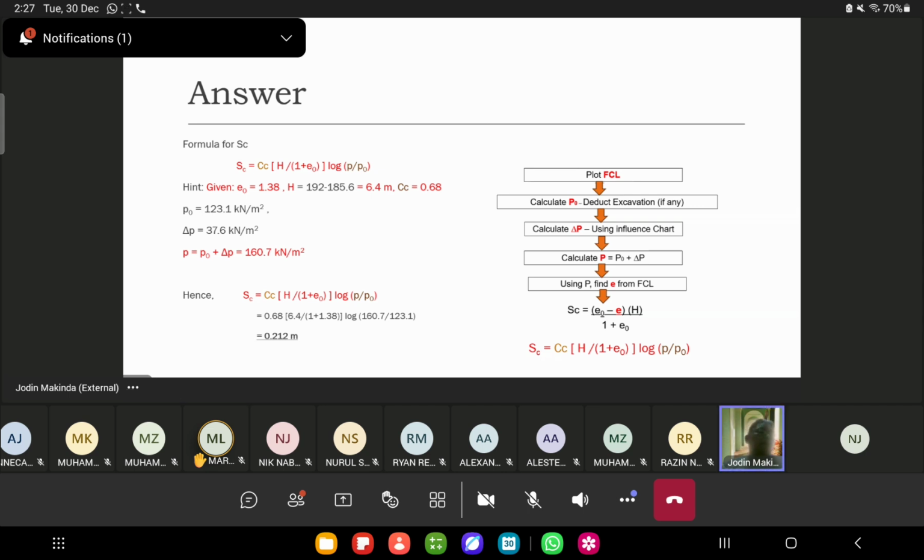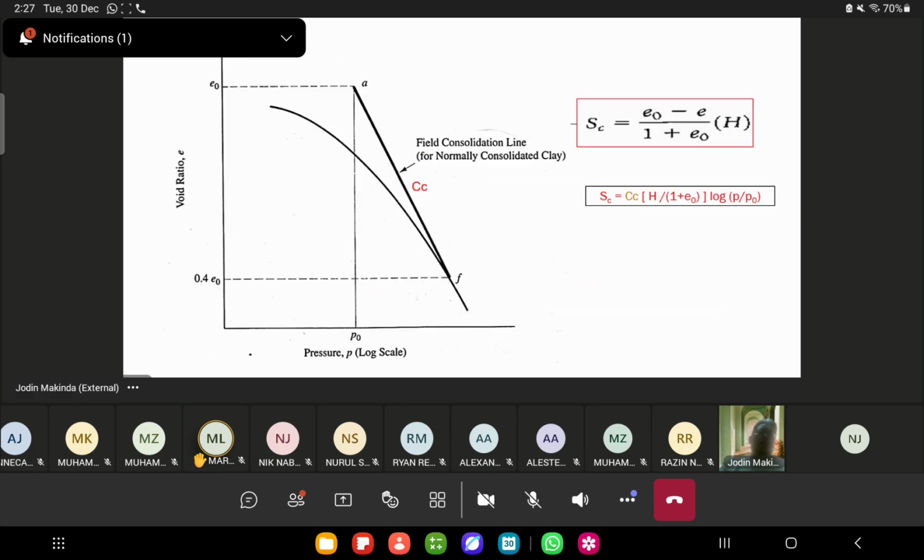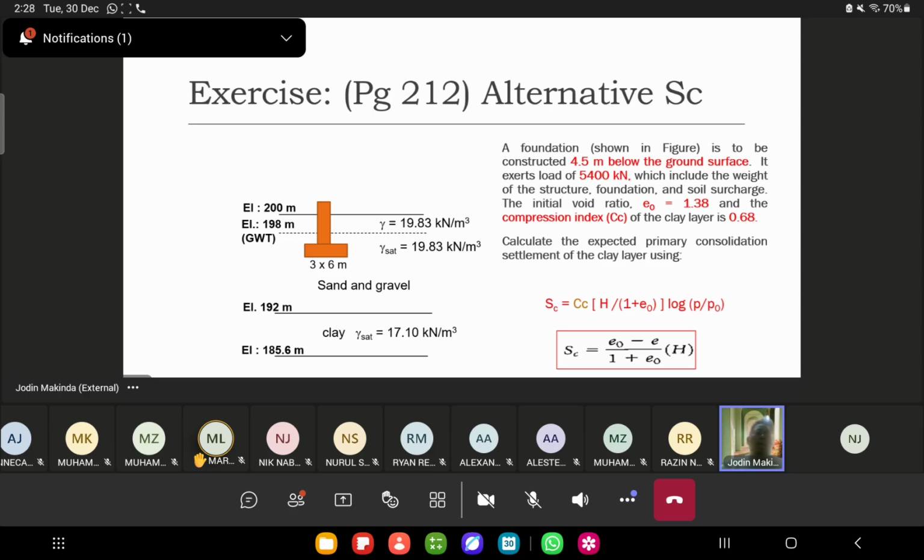Then we find that the total settlement is 0.212 meter. So we can predict that the settlement is 0.212 meter, particularly at the clay layer.